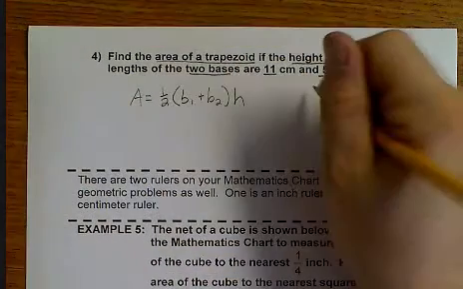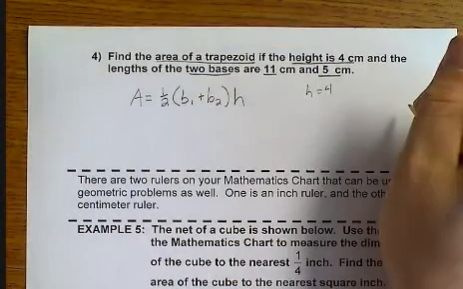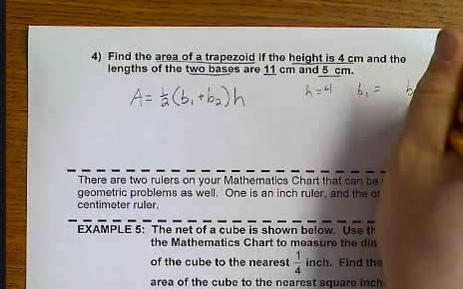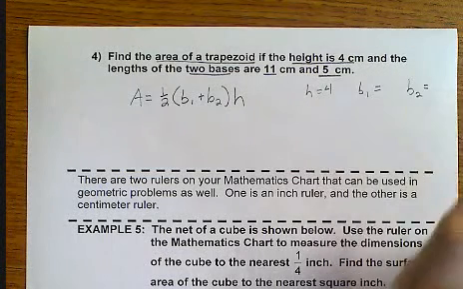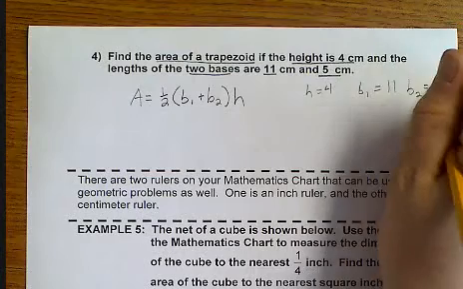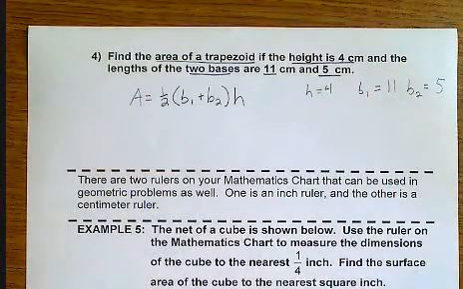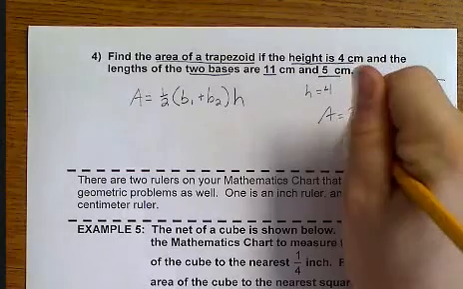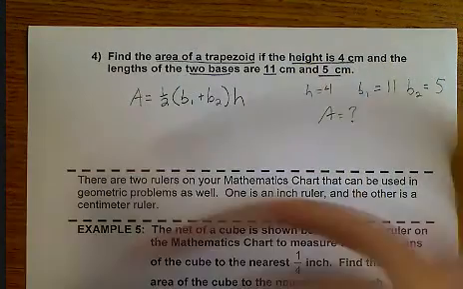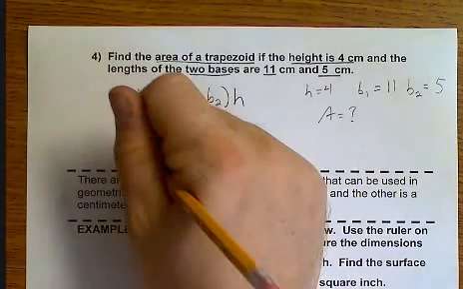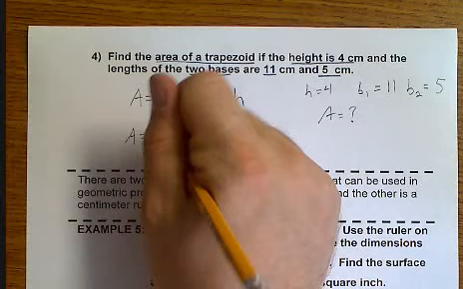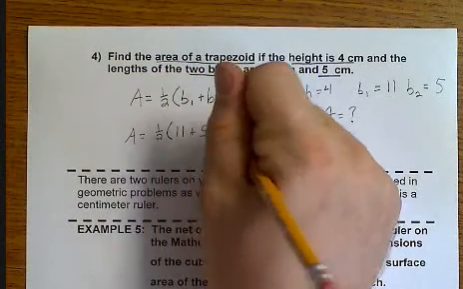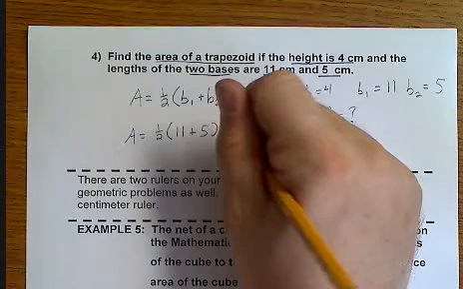We know that H equals 4. It doesn't matter which is B1 and which is B2. I'm going to go ahead and put them in the same order that I find them. And we're trying to find the area. We plug in. Area equals 1/2 times the quantity 11 plus 5, times 4.